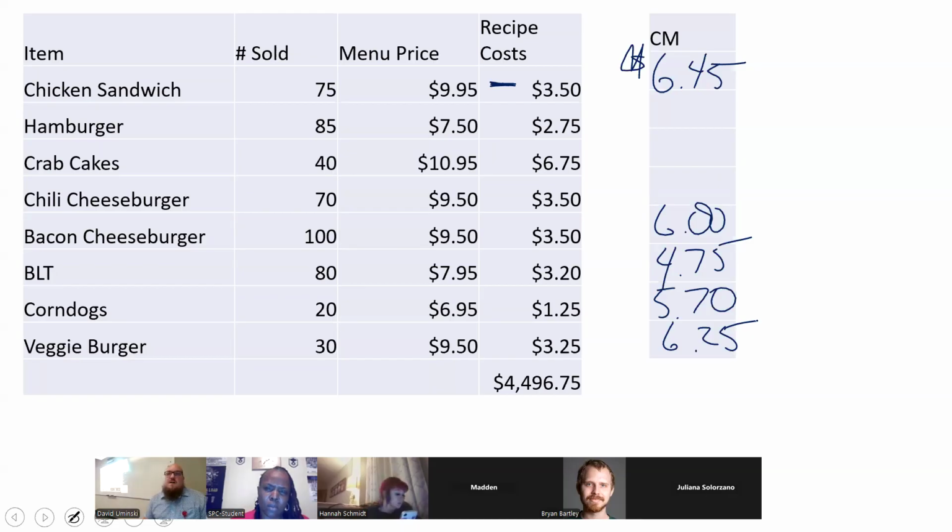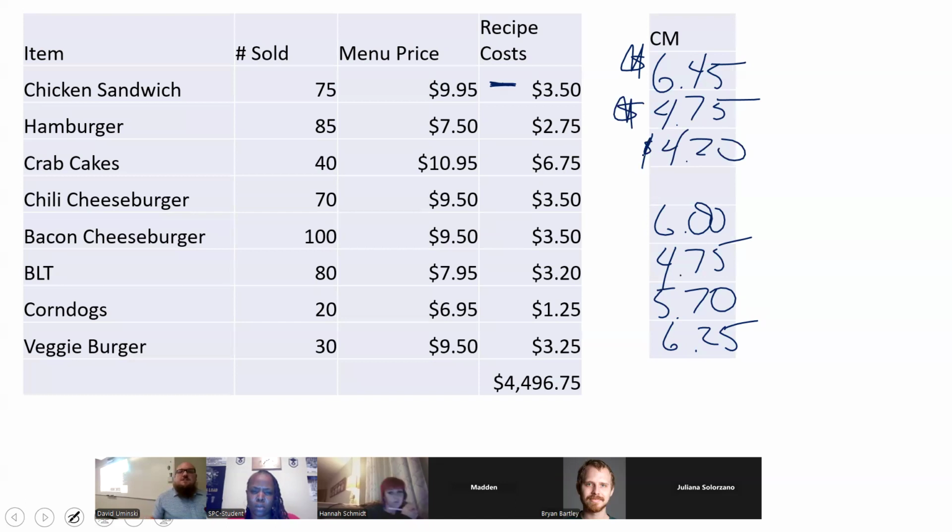All right, so what is our contribution margin for our hamburger? $4.75. Okay, what about crab cakes? $4.20.